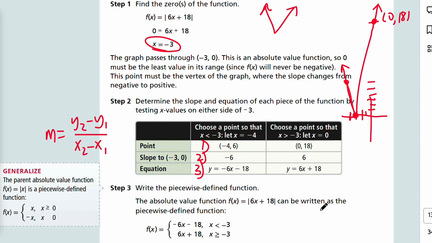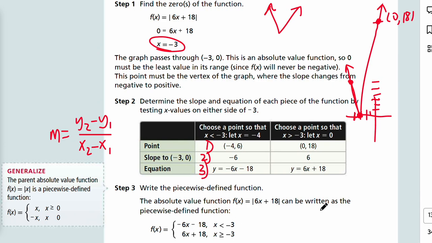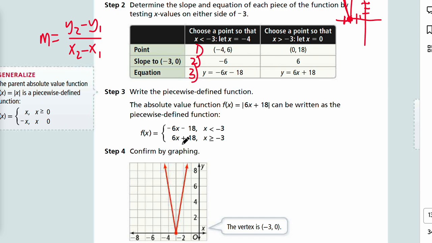As we have looked at the previous examples, you can write piecewise-defined function using this function notation. So f of x is equal to -6x minus 18 for x less than -3, and 6x plus 18 for x greater than or equal to -3.